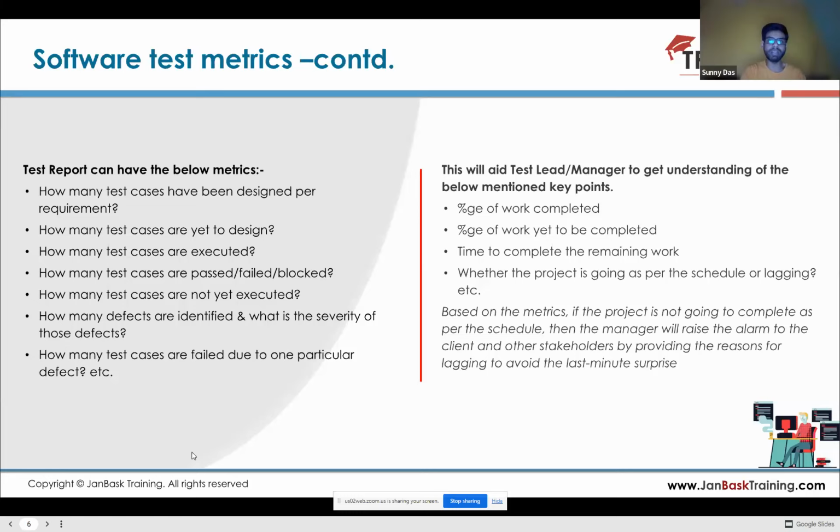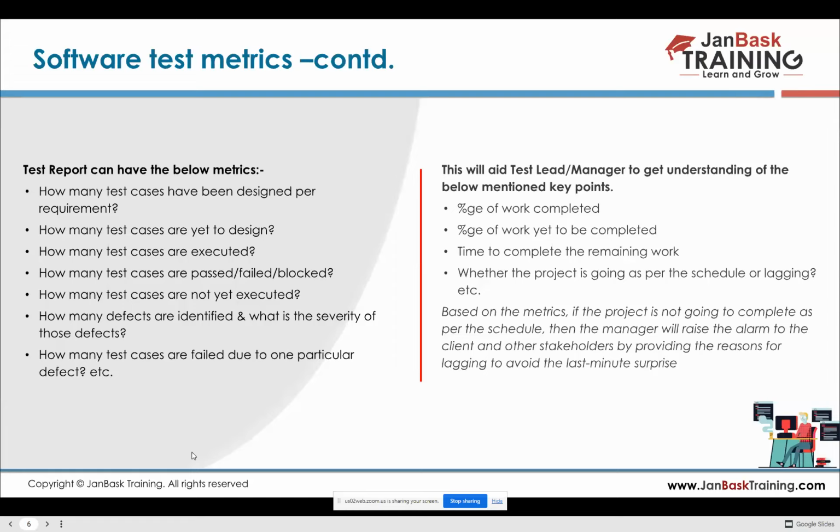So these are the different test design techniques. And now when you design your test cases according to these different techniques, you will have multiple test cases for each requirement, right?